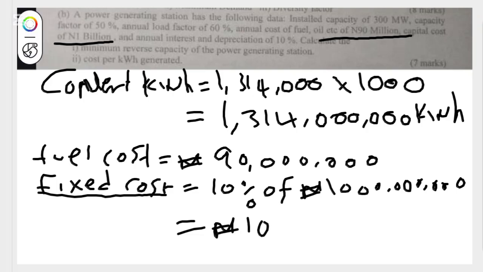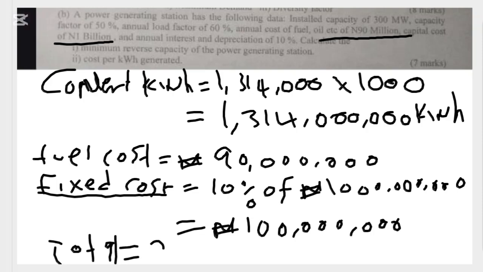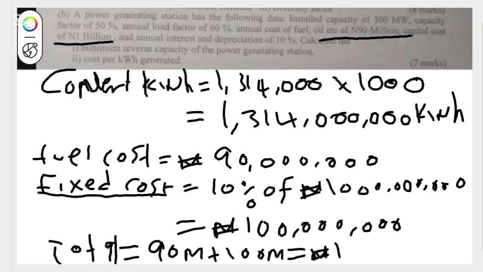So the total should now be equal to 90 million plus 100 million, which is 190 million naira.